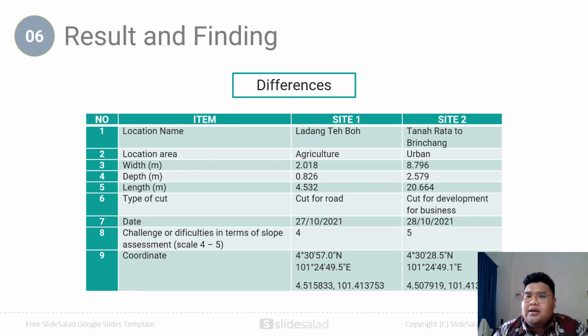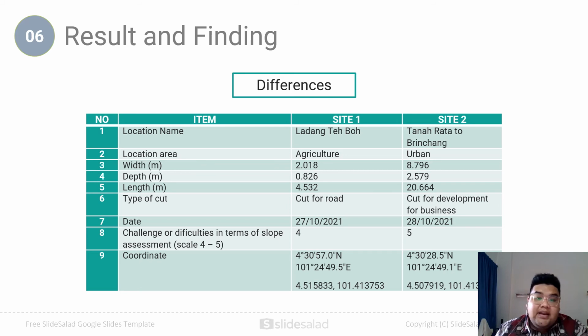So of course, when a slope failure happens, it can draw a lot of people, and traffic can be very, very jammed. So the challenge, or difficulty, in terms of slope assessment on a scale of 4 to 5, I will put site 1 as 4 and site 2 as 5. Why? Because both are slope failures, and I believe that other slopes also have challenges in doing an assessment. It's not easy.